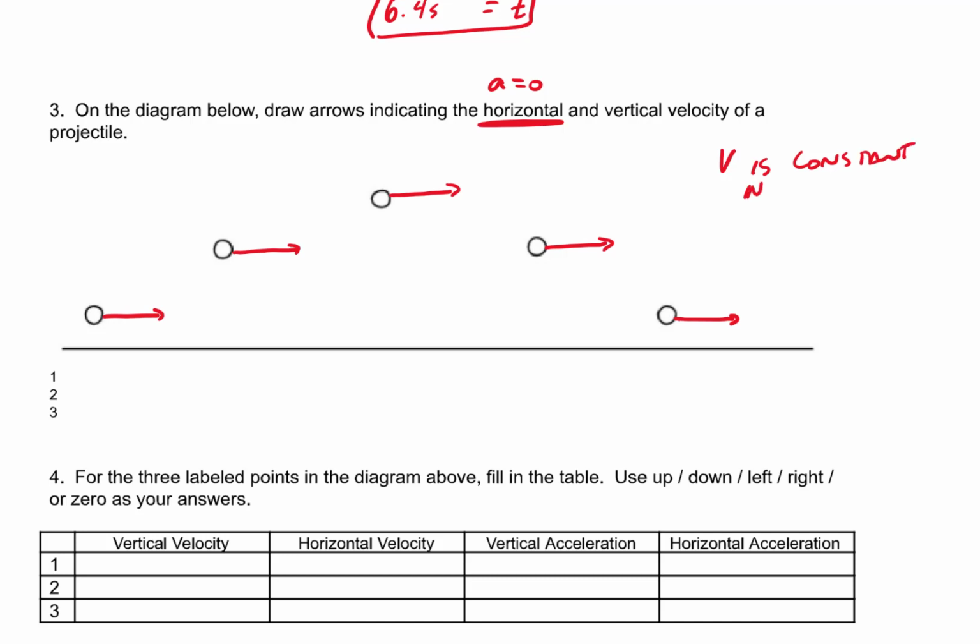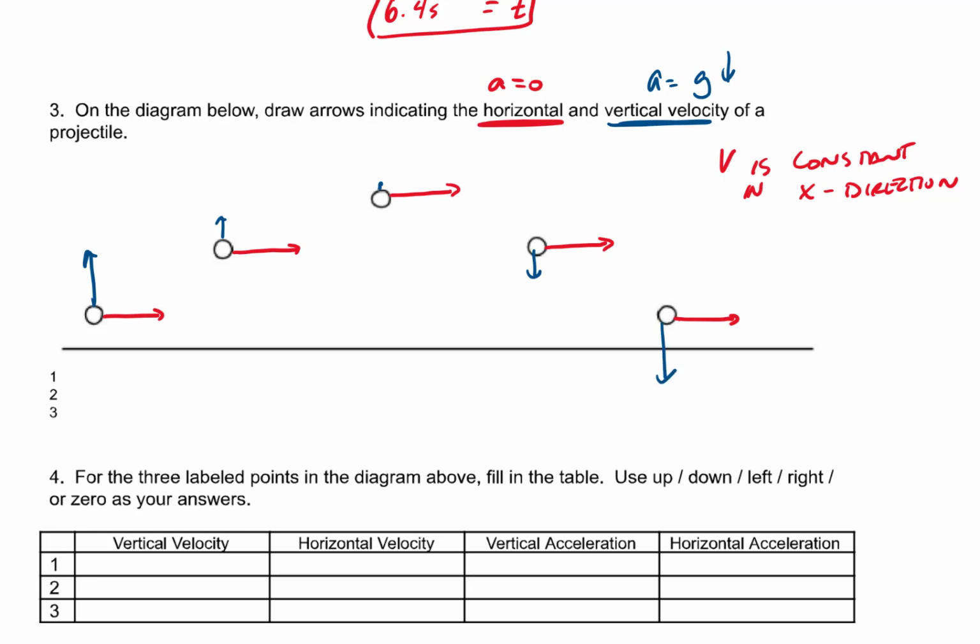So the velocity is constant in the x direction. In the vertical direction, so vertical velocity we'll use blue for. In the vertical direction, I know my acceleration is g down. So if I start off with an initial velocity, it's going to slow down and eventually stop, and then it's going to accelerate in the negative direction.